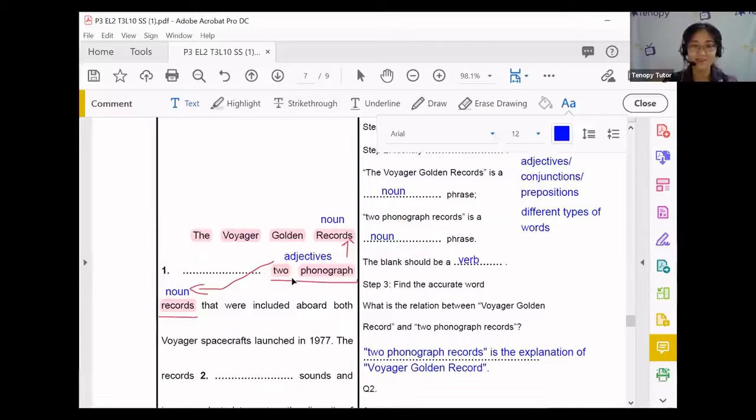Okay, the Voyager Golden Records are two phonograph records. All right, just like if I say teacher Hetty is a woman. Teacher Hetty is a noun phrase. A woman is a noun phrase. I am a woman, right?